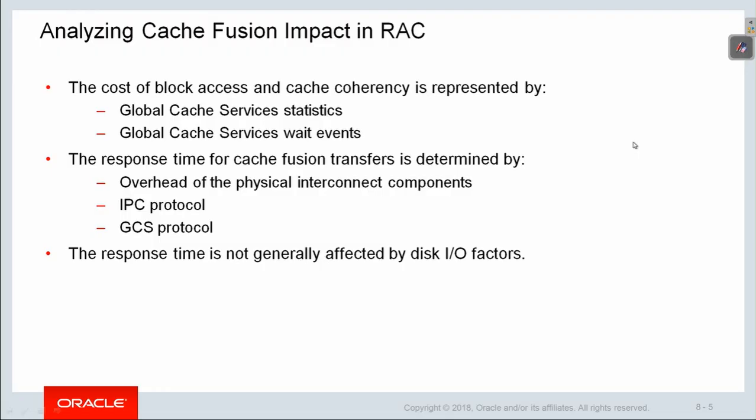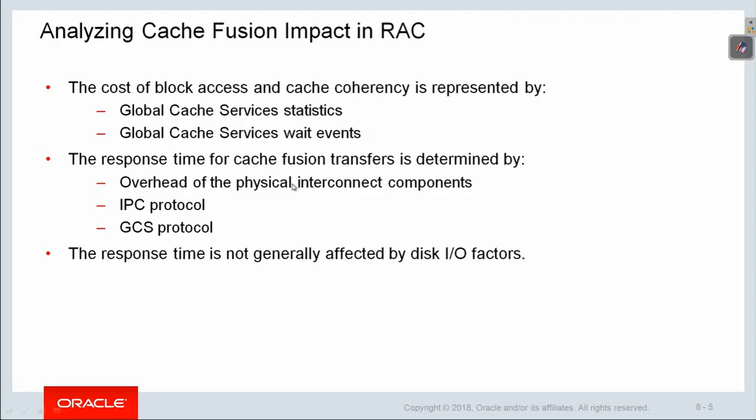The response time for cache fusion transfer is determined by the IPC protocol, inter-process communication, and then the communication between LMS processes, and then your block and messages are delivered back to the requesting instance over the network. These are part of the response time.